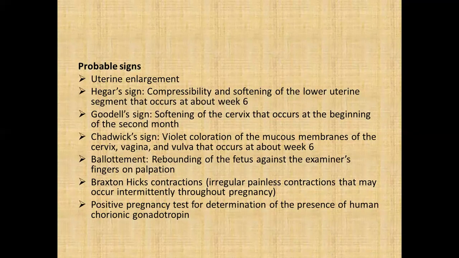Now when it comes to these three probable signs, you have to understand their description or their meaning. Hegar's sign talks about compressibility and softening of the lower uterine segment that occurs at around 6 weeks of gestation.